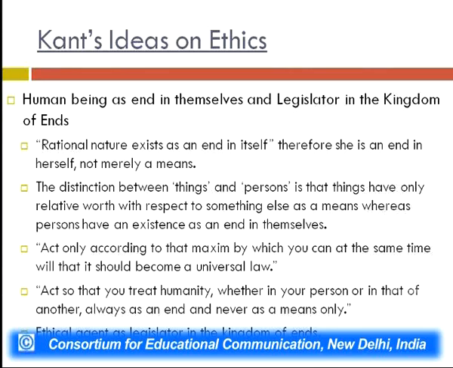probably animals. So, our rational nature, our capacity to reason is what distinguishes ourselves. So, rational nature exists as an end in itself. Therefore, a human person or an ethical agent is an end in herself, not merely a means.